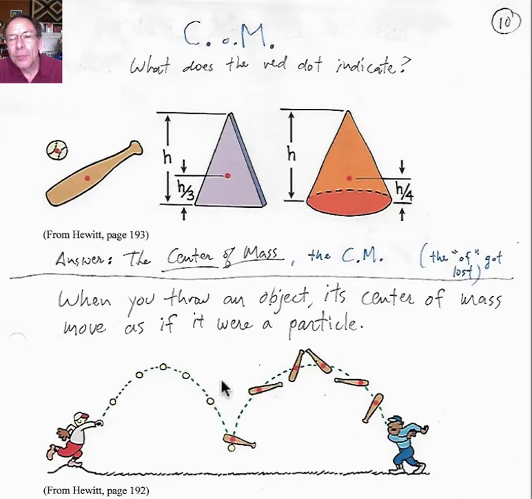But if I want to figure out the motion of a baseball bat, where the center of mass is not right at the middle, it's going to be complicated, especially if I pick a spot like right at the handle. The handle is going to do some really complicated loopy motion, and that's hard to describe.